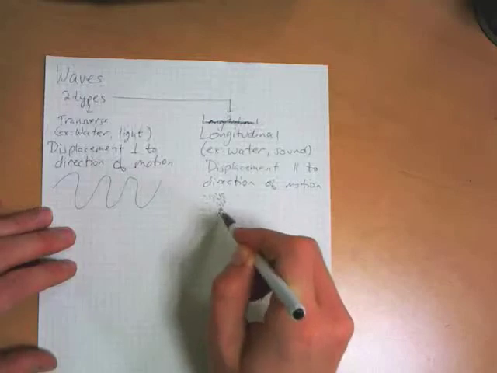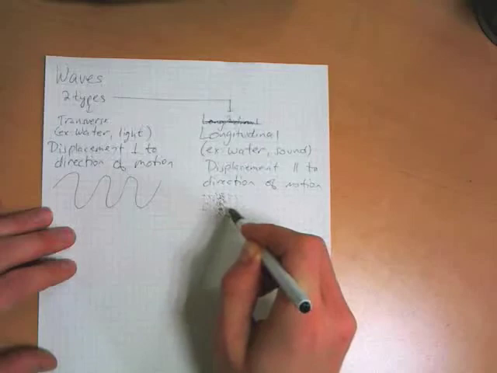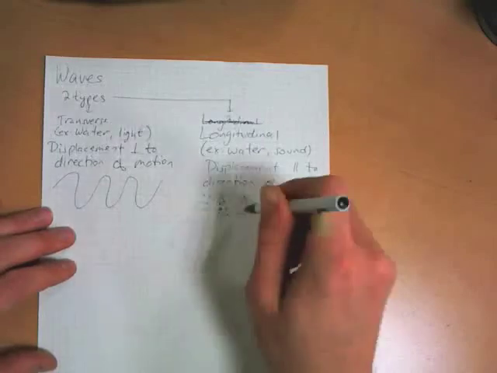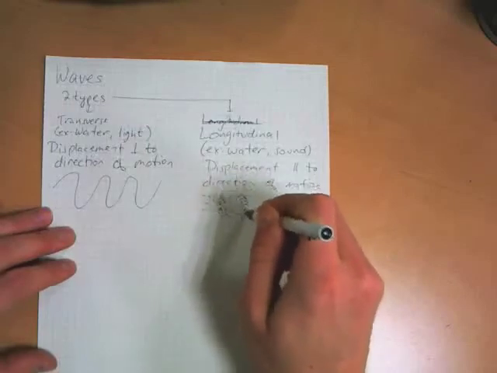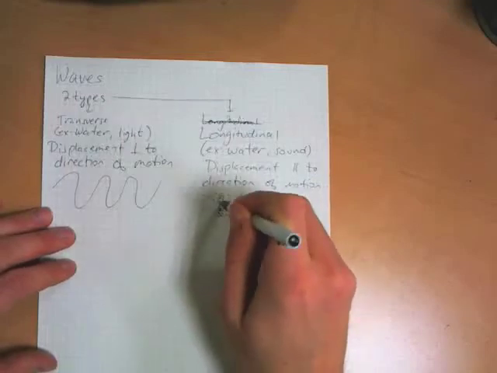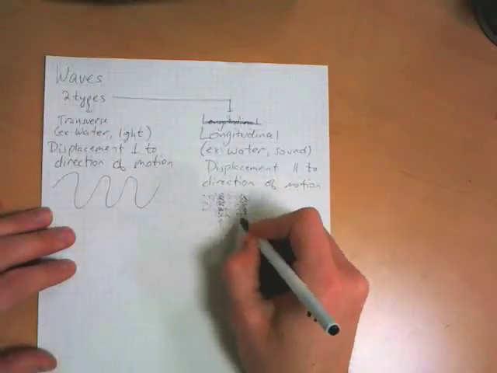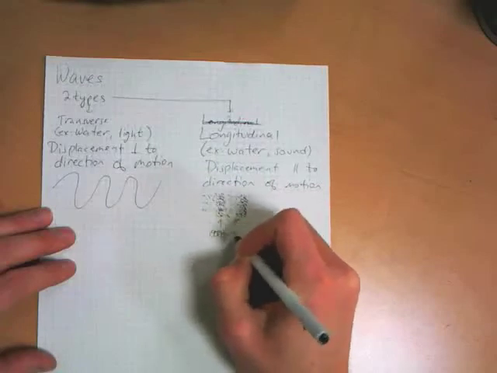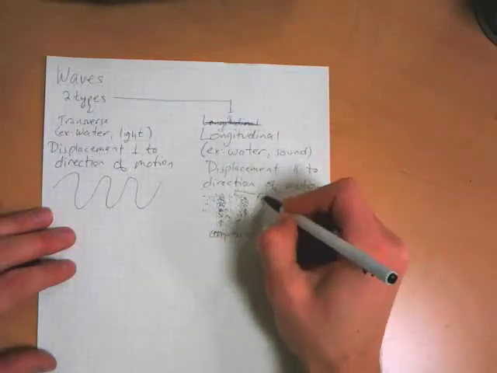They compress, and then at other points they get spread out more again, and then they compress. And these compressions are equivalent to the maxes or mins of the transverse wave. So you have these compressions, and then the places where they're further spread out are called rarefactions.